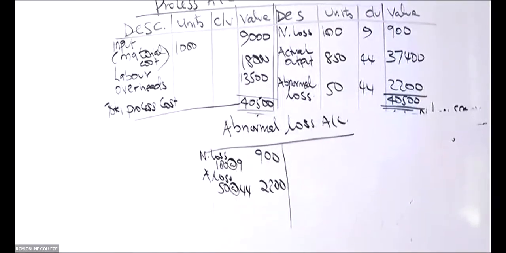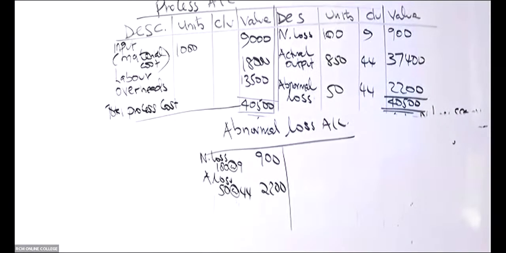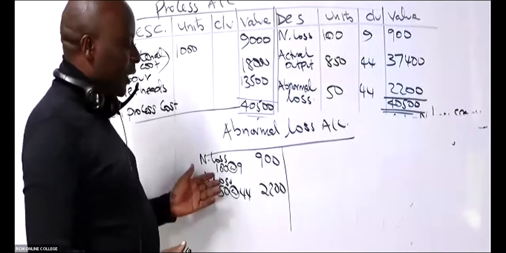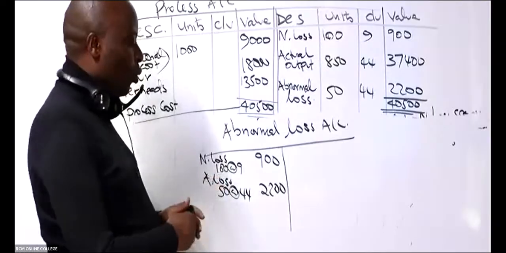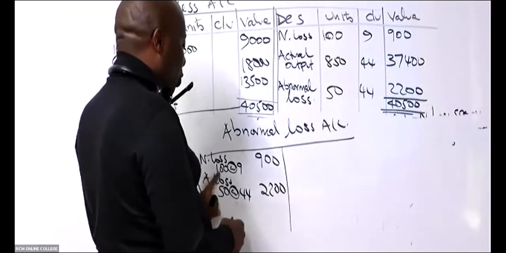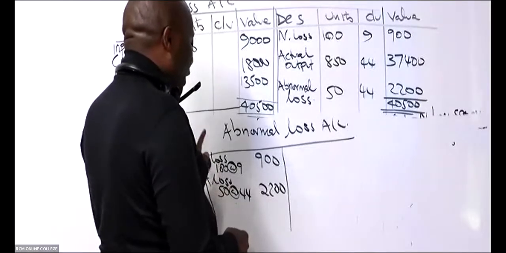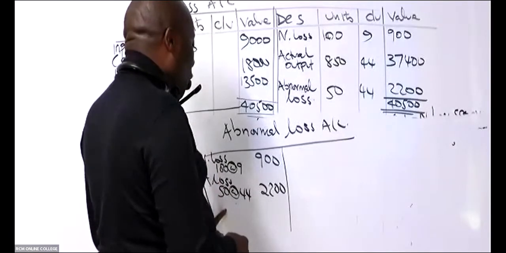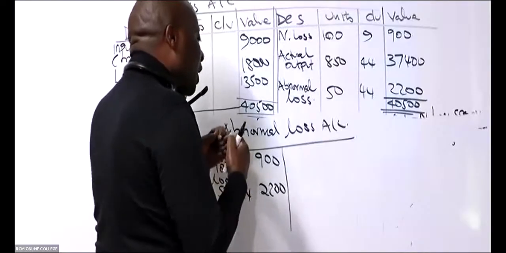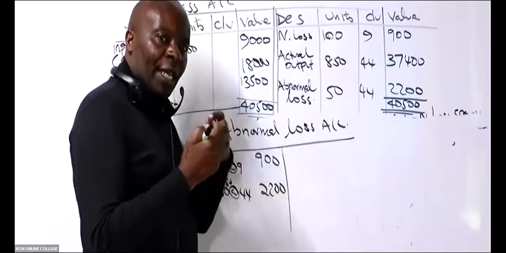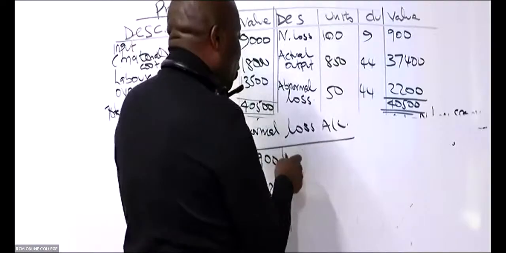Now, ladies and gentlemen, please listen. How many units do we have representing the loss? Total loss will be 150. So these total loss units, we shall scrap them. We sell them and we receive money through the bank.